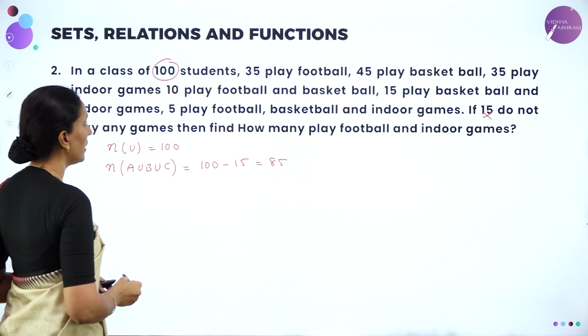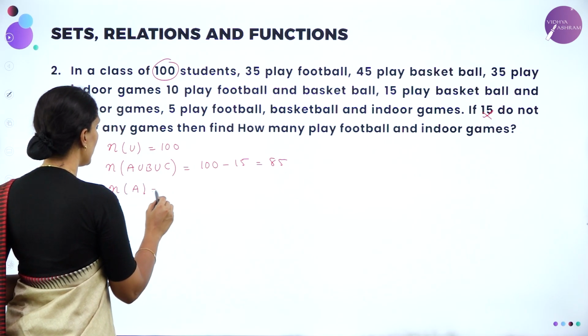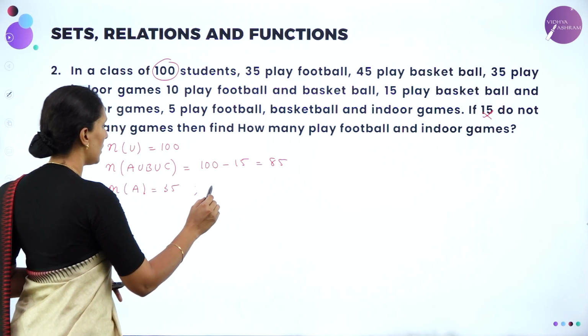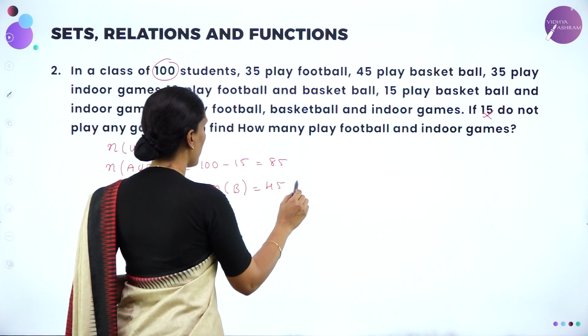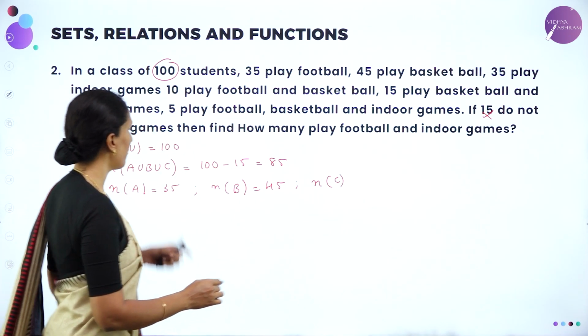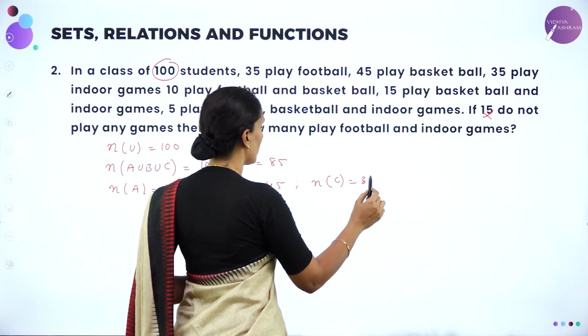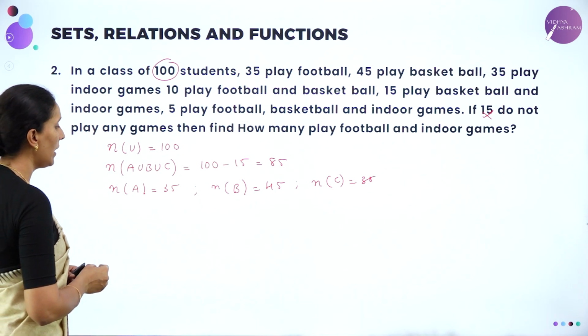Now they have given the numericals here. The number of people who like football is 35. The number of people who like basketball is 45. And the number of people who like to play indoor games is 35. Similarly, they have given 10 play football and basketball.